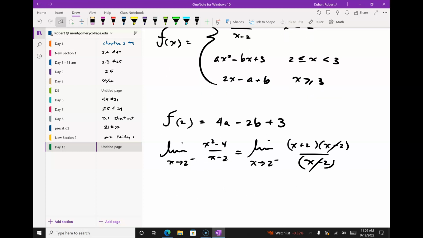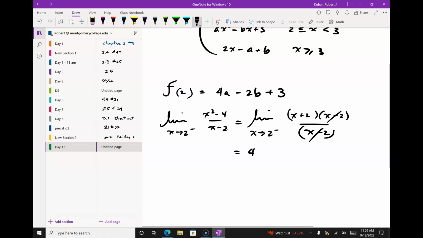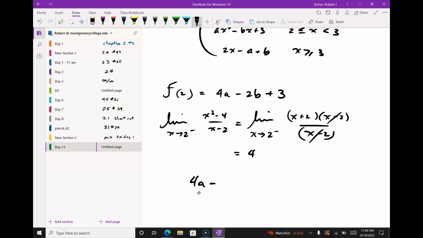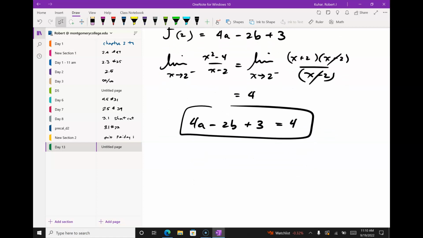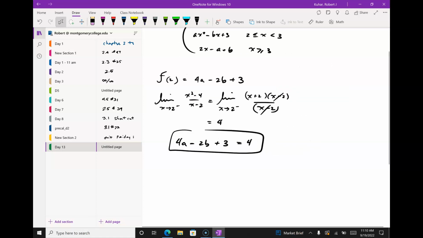So I just plug into x plus 2, so that's a 4. So far, I get 4a minus 2b plus 3 better equal 4. That's the first part of my system. I'm going to end up getting a system in a and b. Then I use my Algebra 1 skills to solve that system, elimination method or substitution method. Ms. Kerr, is this making sense so far?